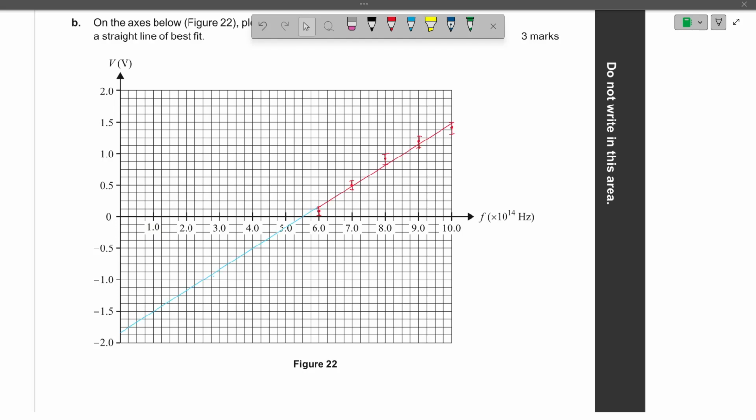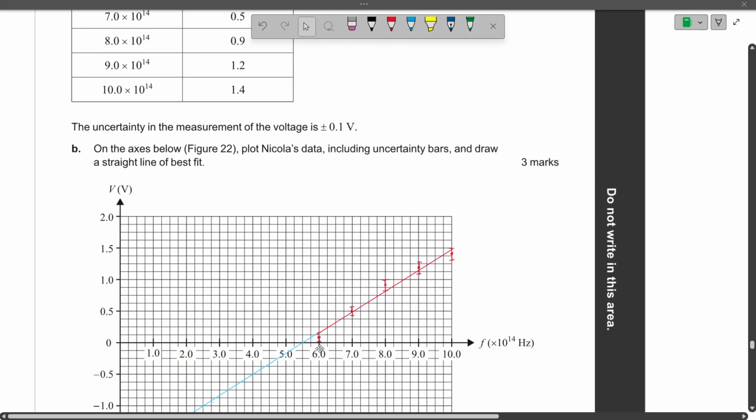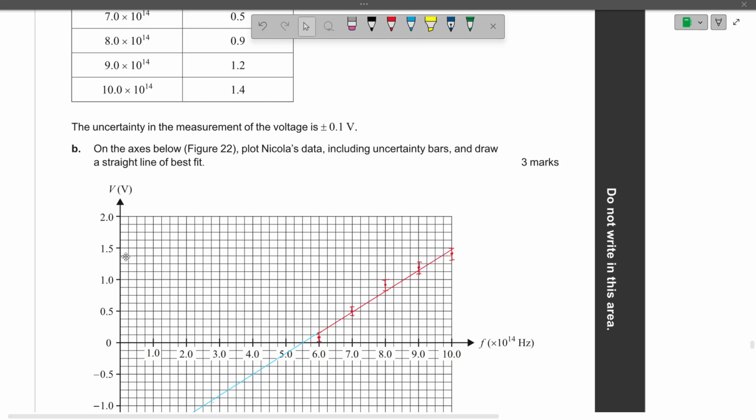All right, so here's the graph. So 3 marks. Now, you just have to be very careful about where you place these points because the scale's not very nice. So each mark here is 0.125, unfortunately.